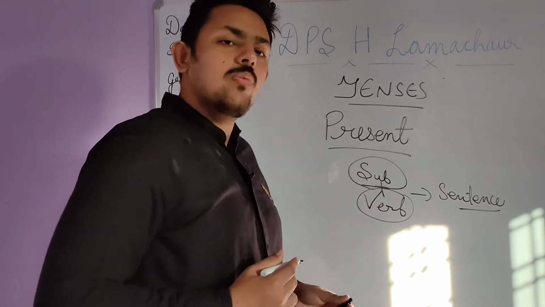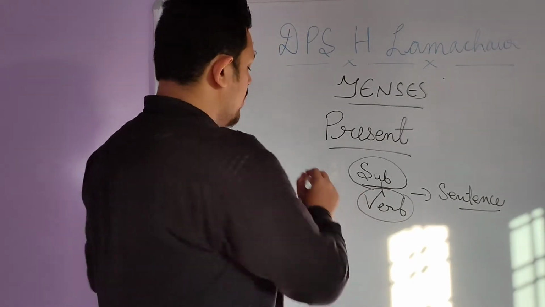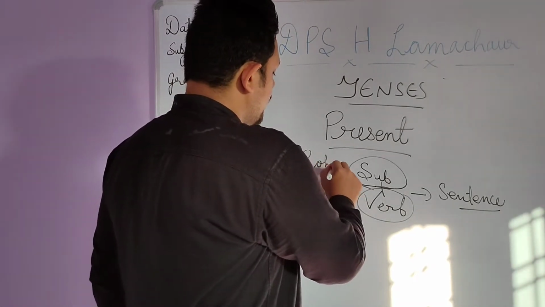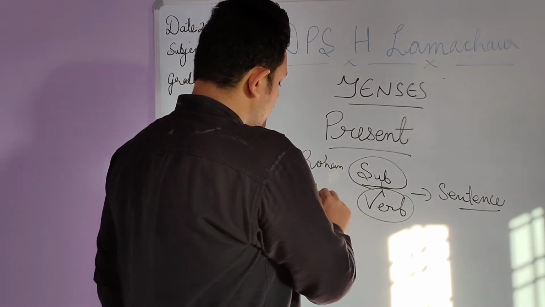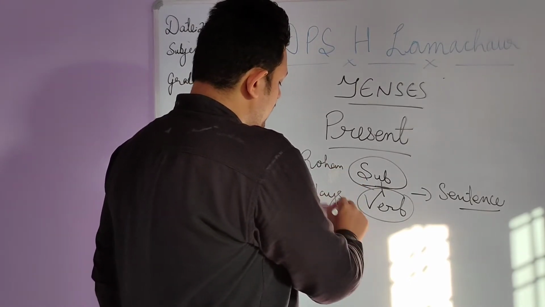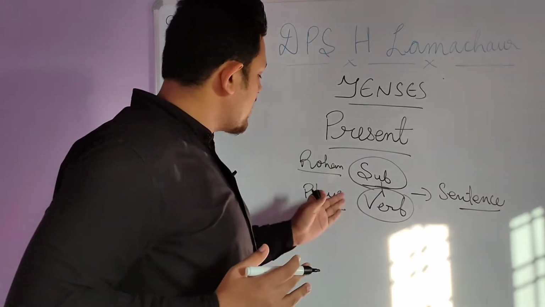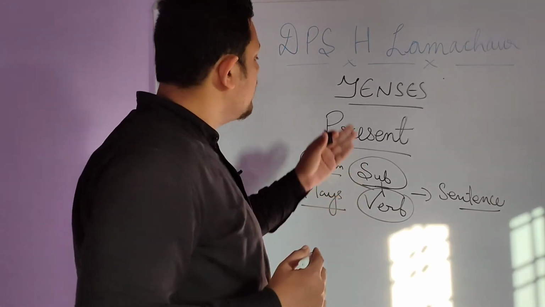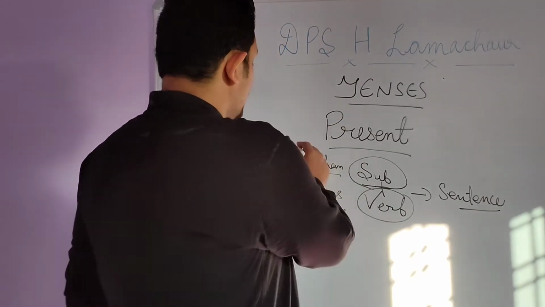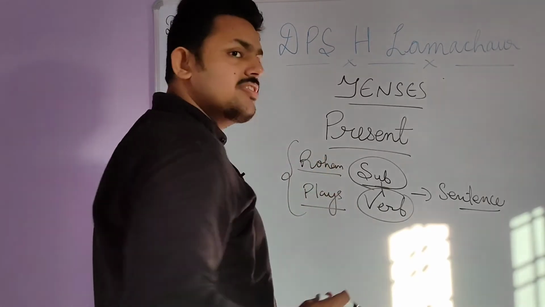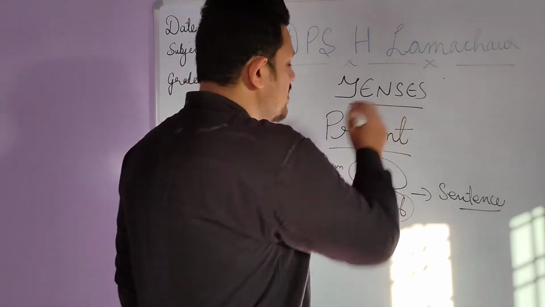For example, Rohan is the subject and the verb is plays: Rohan plays. The time at which this action is taking place is the tense of the sentence.